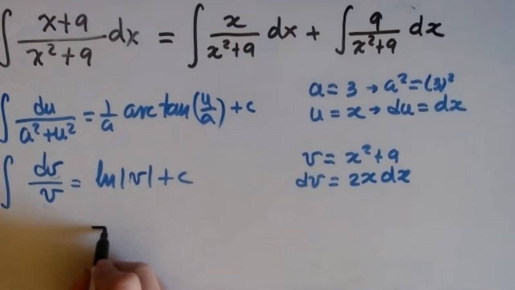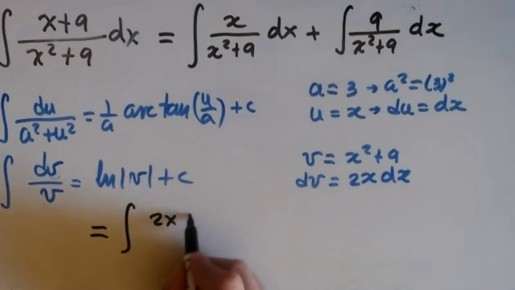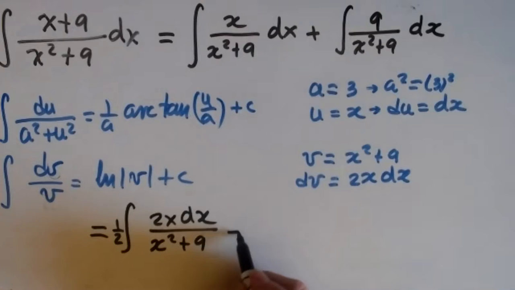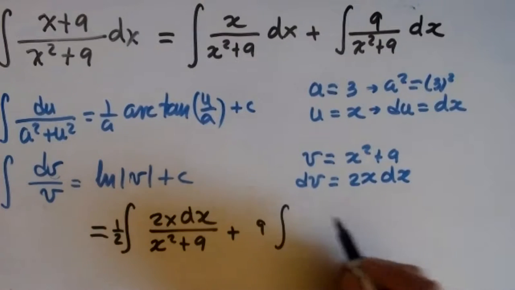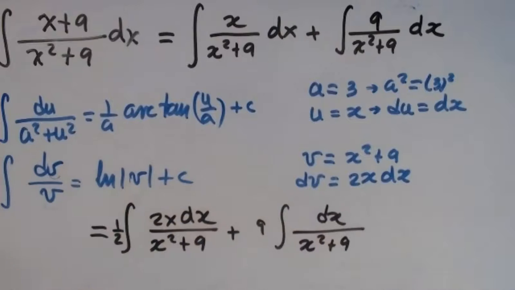So this equals the integral 2x dx over x squared plus 9, and then I put here my 1/2 to balance these two, plus 9 integral dx over x squared plus 9, correct?